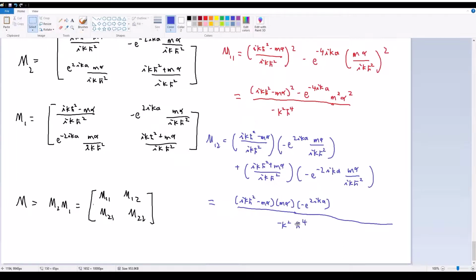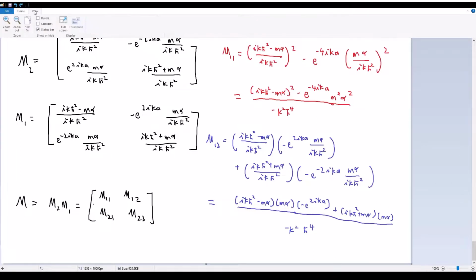I apologize for that. And then we're adding (ik h bar squared plus m alpha) times m alpha times e to another negative. Okay, I am running out of space. Give me 1 second.